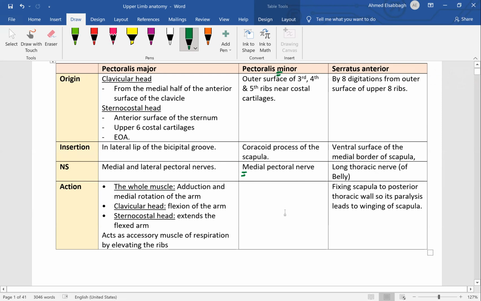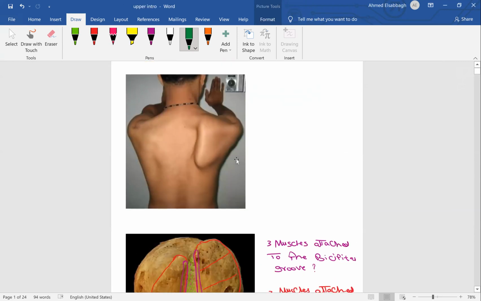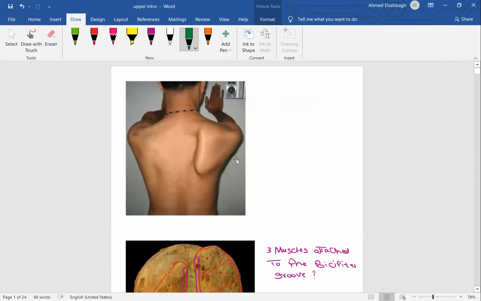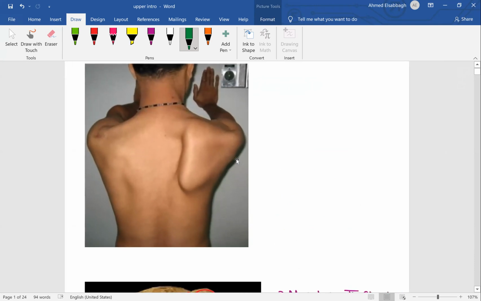What will happen if the serratus anterior muscle is paralyzed or there is injury to its nerve supply? We will find this picture. The patient will have what is called winging of the scapula. It will be like that.